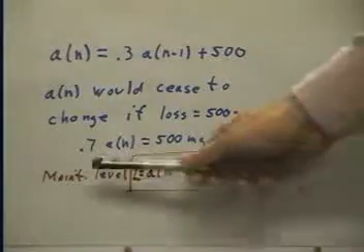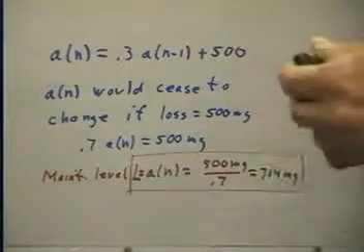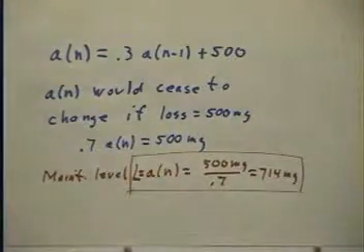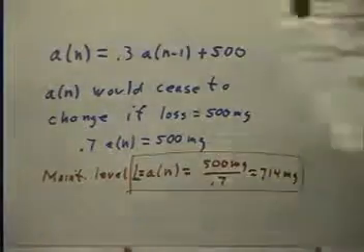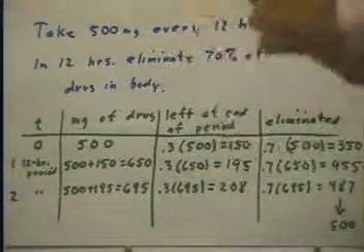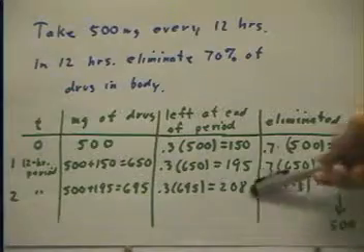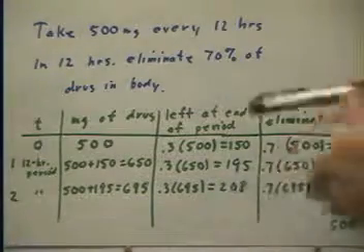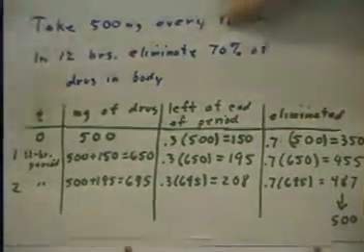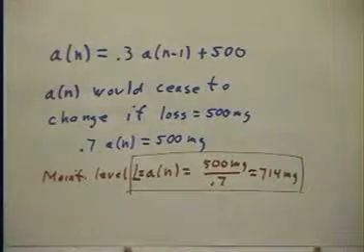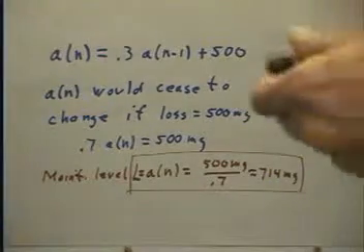This isn't always what we mean when we talk about maintenance level. A more traditional way of talking about maintenance level is to say that the maintenance level is the minimum amount we have. So maybe the maintenance level is 208 milligrams, and maybe we would want to use a different way of analyzing this.